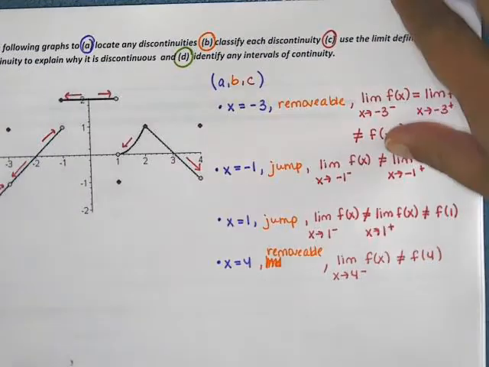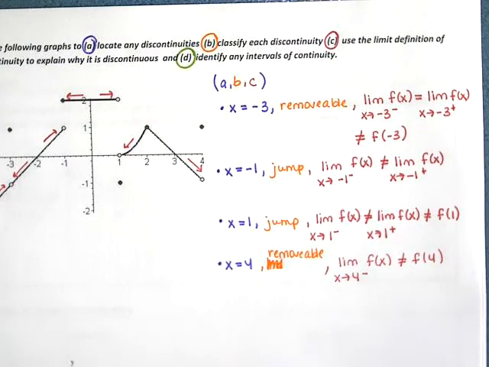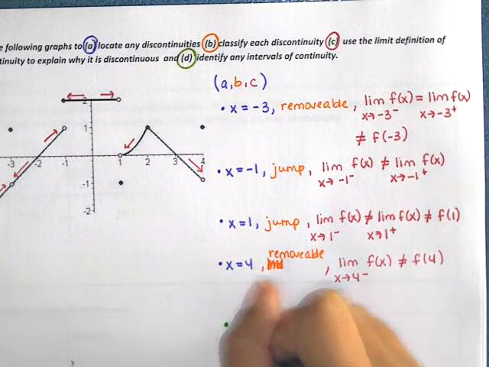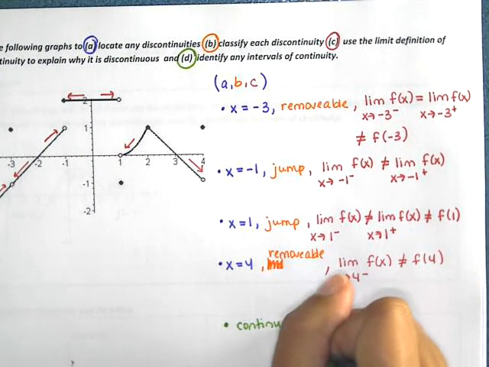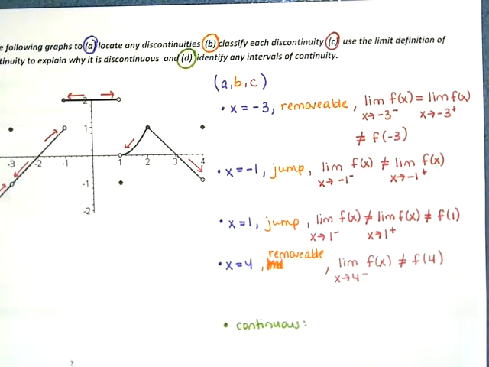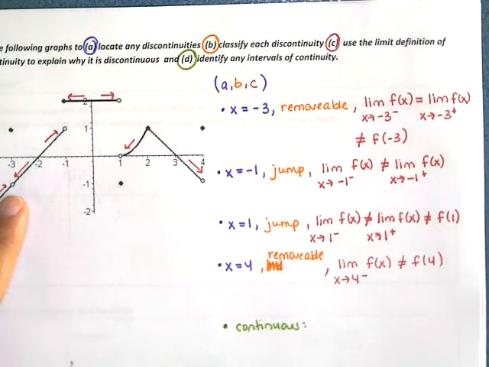Okay, so the last part here is just to state the places where we are continuous. So unlike parts A, B, and C, instead of looking for the discontinuities, we're trying to look for where you are continuous. Well, I would be continuous everywhere in the graph until I get to -3.